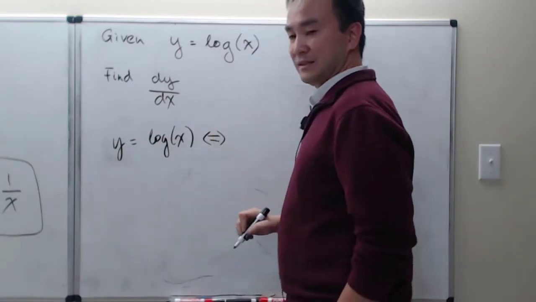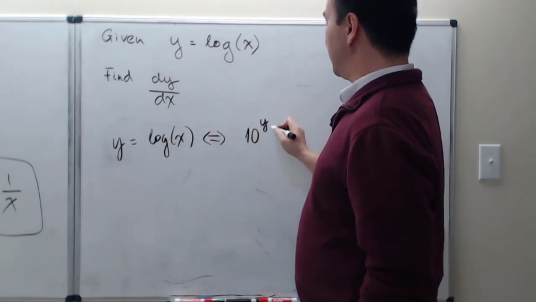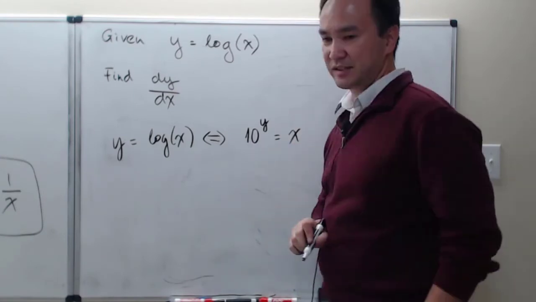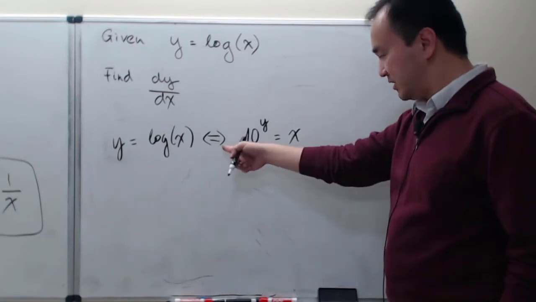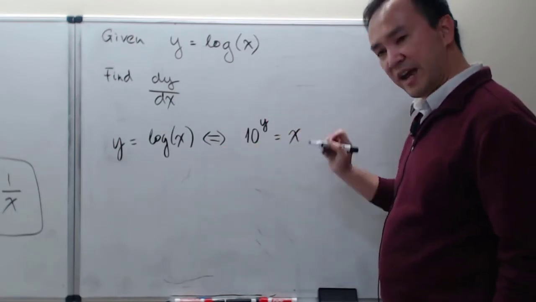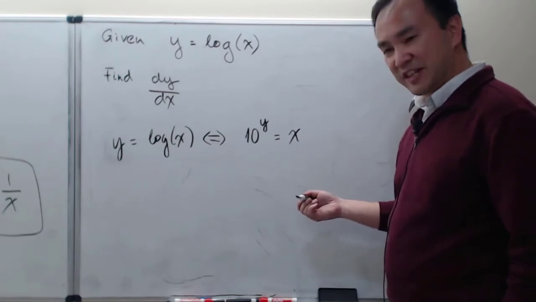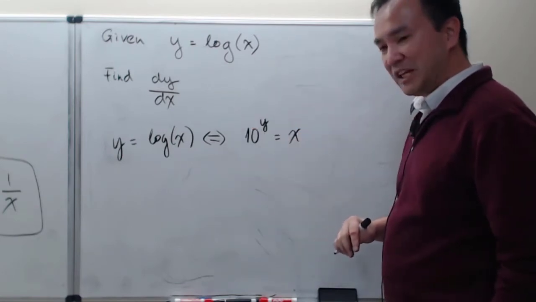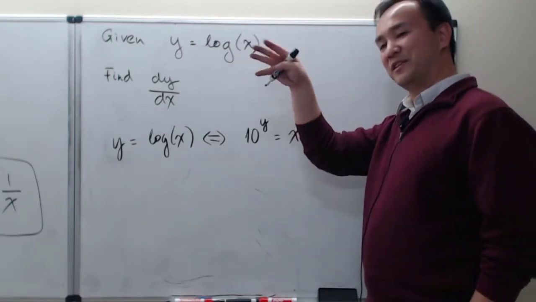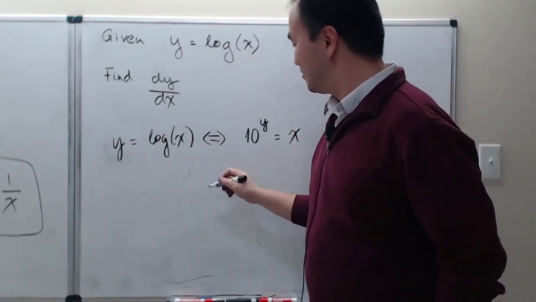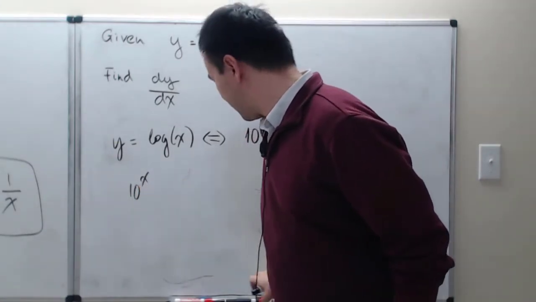That means 10 to the y equals x. Log base 10 of x equals y means the same as 10 to the y equals x. And now, picking up the experience that we have seen in e to the y equals x, the problem earlier, or the natural log of x function earlier, I can take the derivative.